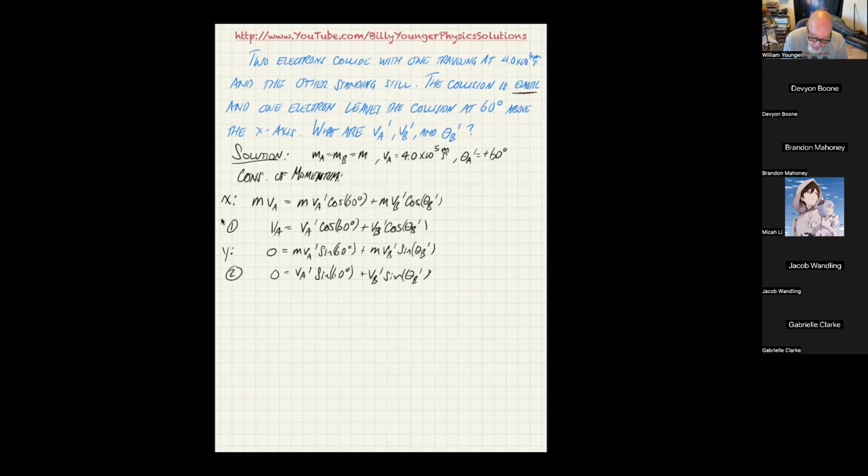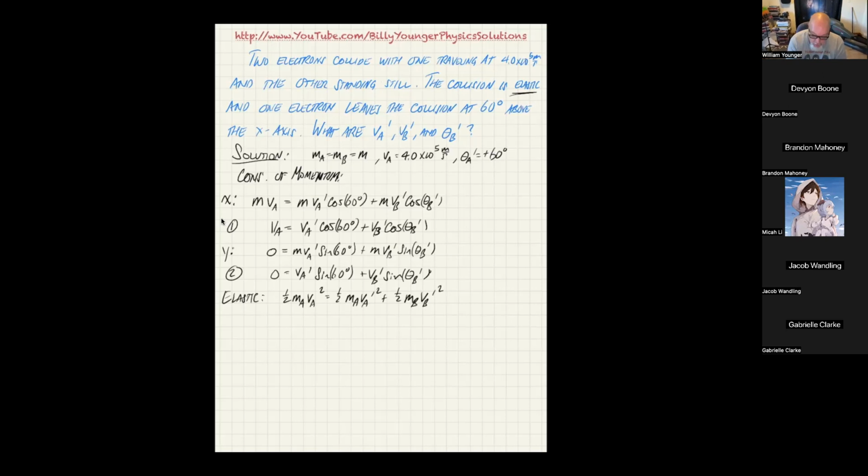And now I've got elastic collision, and the fact that it's elastic means the kinetic energy is conserved. So we're going to write elastic, and this is going to give us basically 1/2 m sub a v sub a squared is equal to 1/2 m sub a v sub a prime squared plus 1/2 m sub b v sub b prime squared.